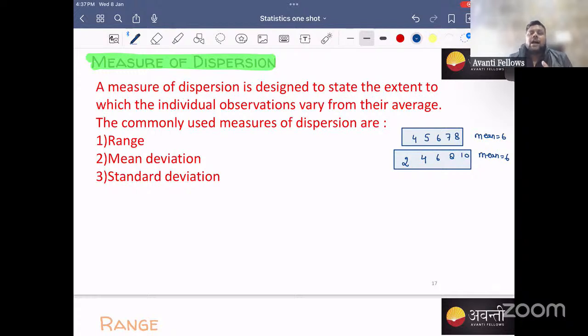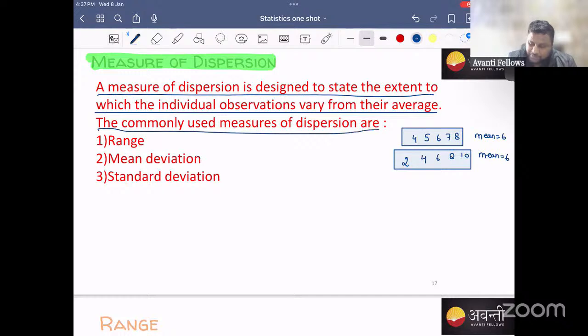Dispersion means how much the data is dispersed from its central tendency. The commonly used measures of dispersion are first range, then mean deviation, and then standard deviation.